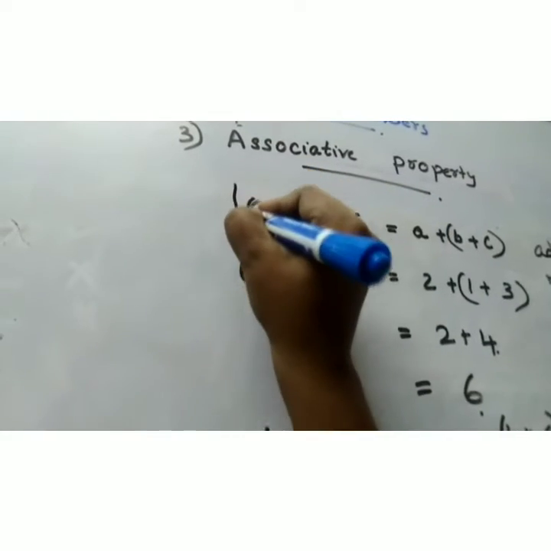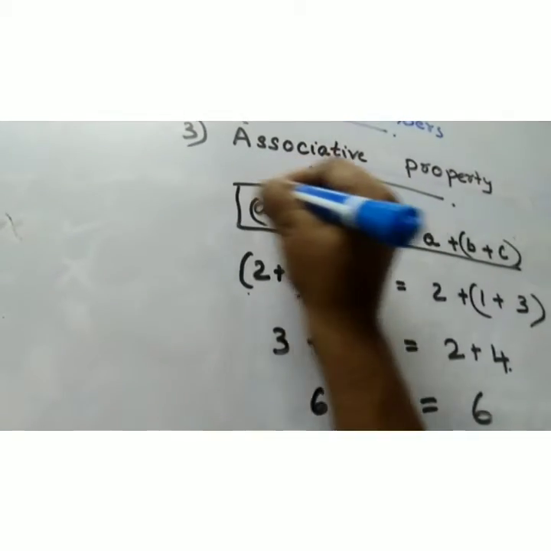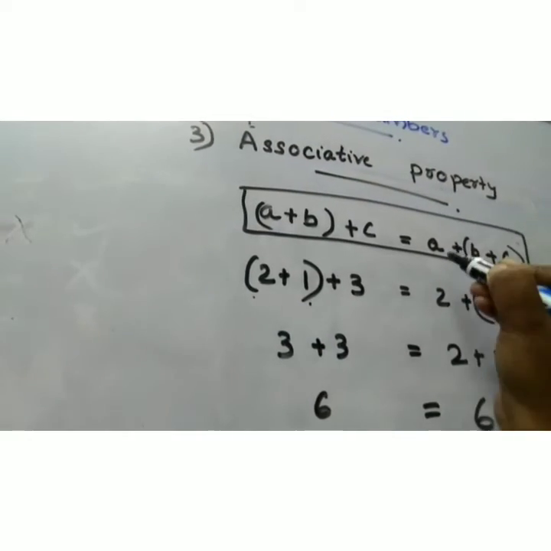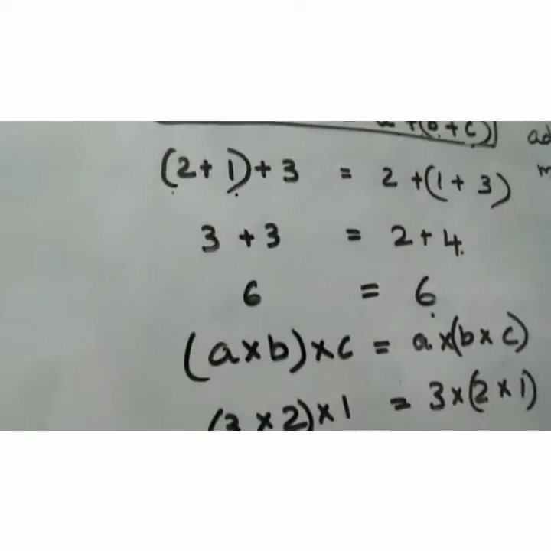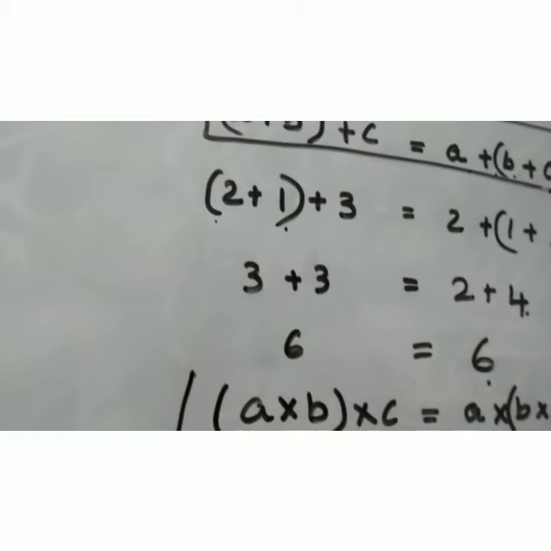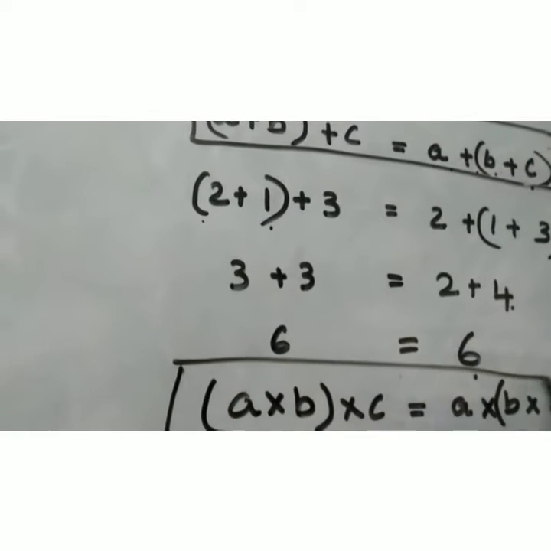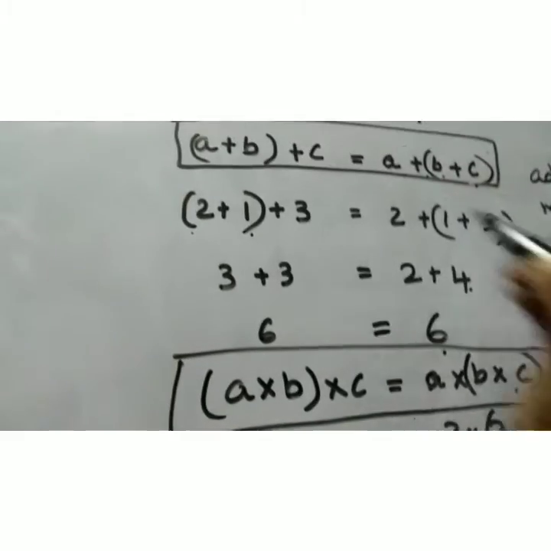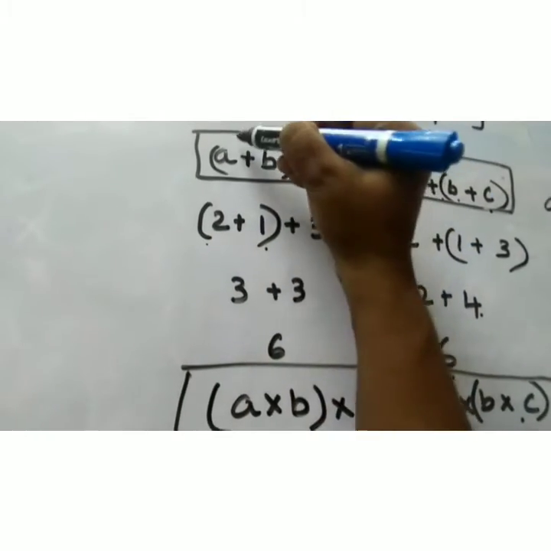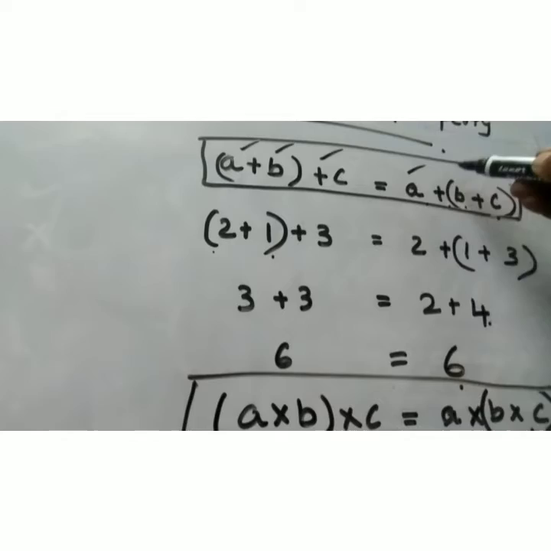Then the associative properties are A plus B plus C is equal to A plus B plus C. Then A into B into C is equal to A into B into C. Okay. In associative properties, we are using 3 numbers.